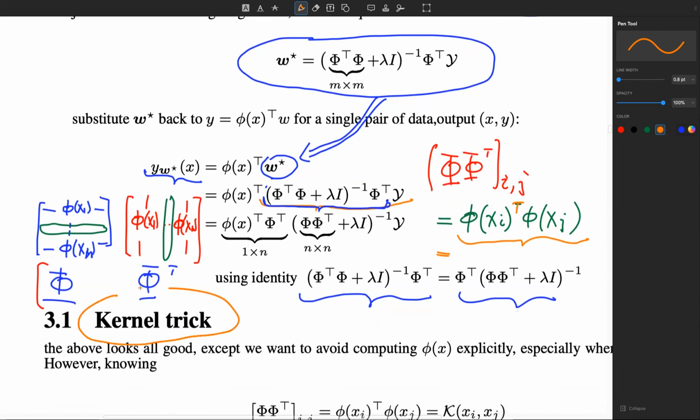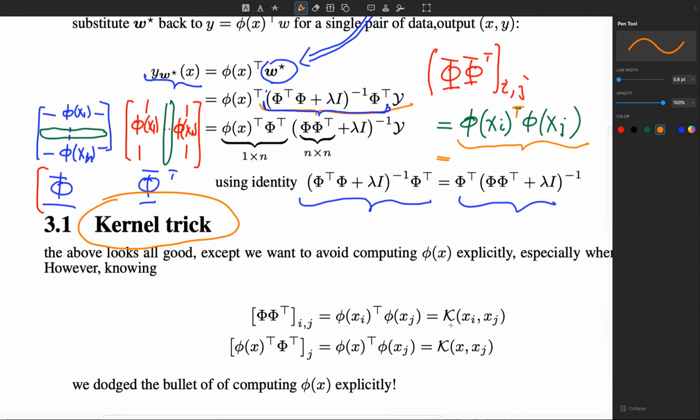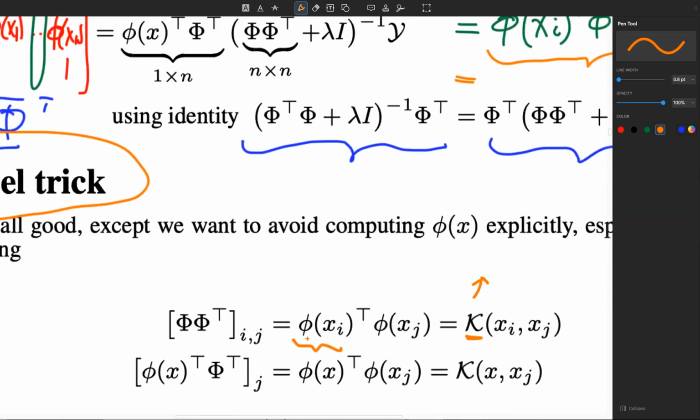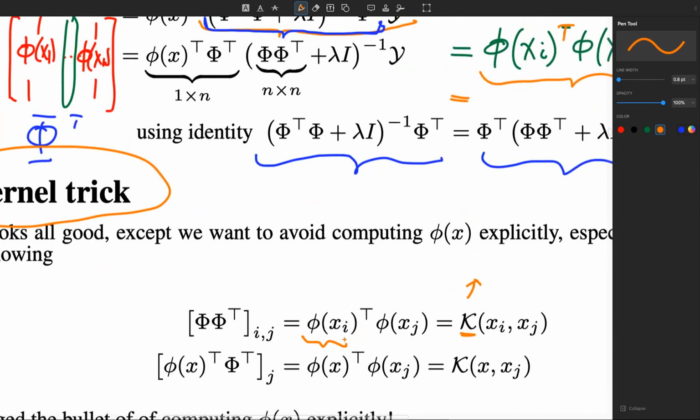The kernel trick says this: by proving that when k is positive definite, for any phi, you can find the corresponding kernel function, and vice versa. Okay, so instead of actually computing this and then taking the inner product, let's forget about what phi is.